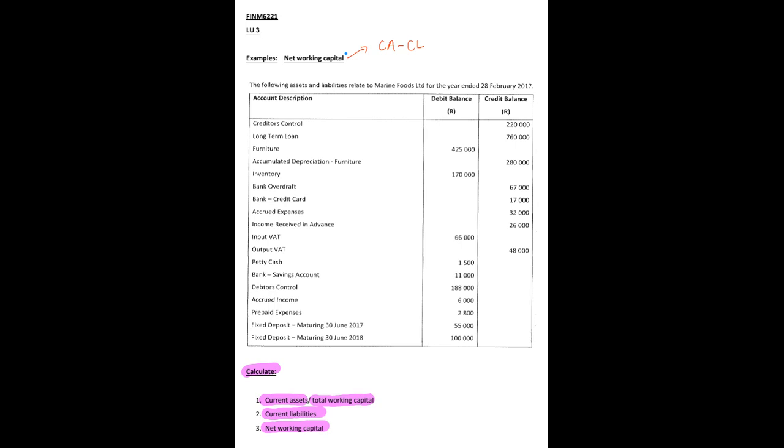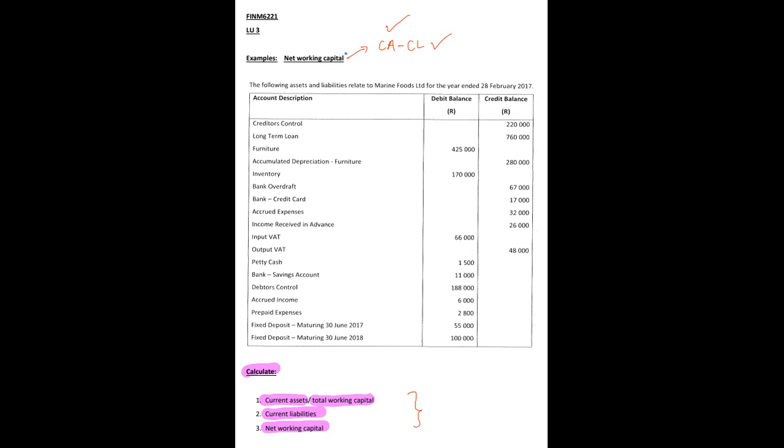They might give you the question like this, where it is broken up into 3 separate parts at the bottom, or perhaps they just say to you, after giving you all of the items here, calculate the net working capital for 2017. So you would automatically know then that in order to get to that net working capital figure, you would have to first have your current assets and your current liabilities, and then work out the difference between the two to give you your net working capital.